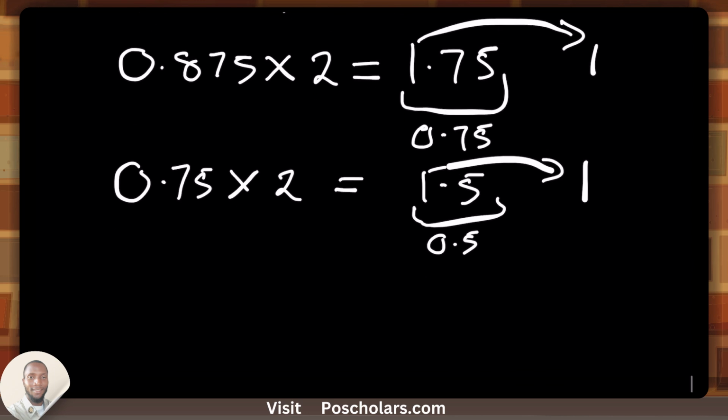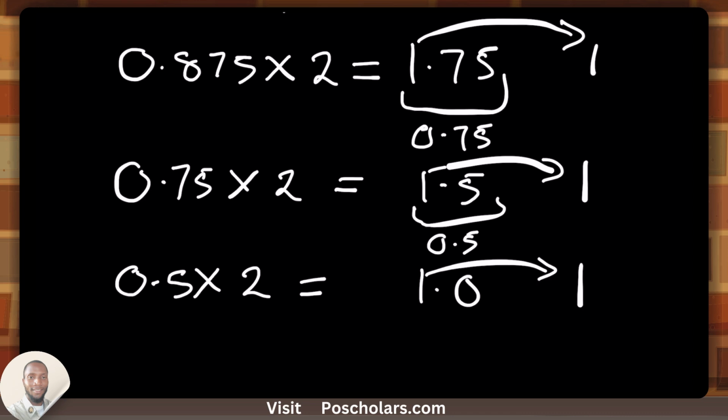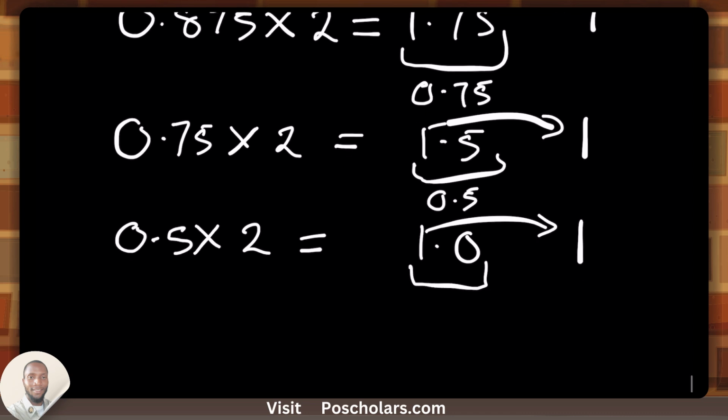So you say 0.5 times 2. And 0.5 times 2 gives you what? It gives you 1.0. So the whole part is 1, which is what we need. Then the decimal part again is what? 0.0. So you stop here because you've gotten to 0, right?